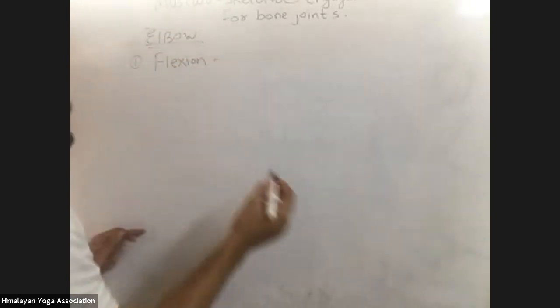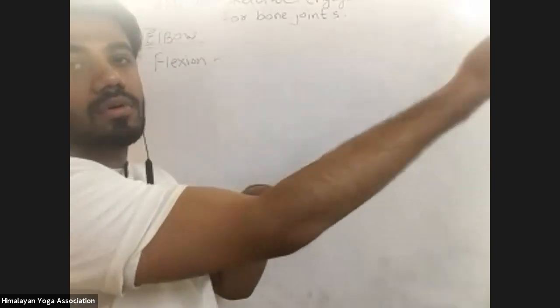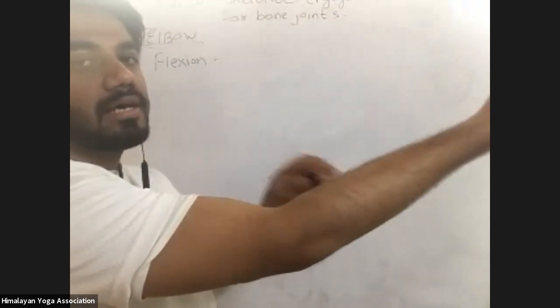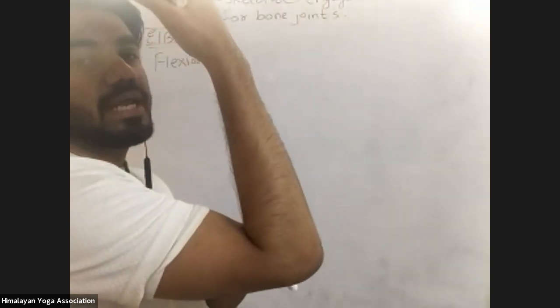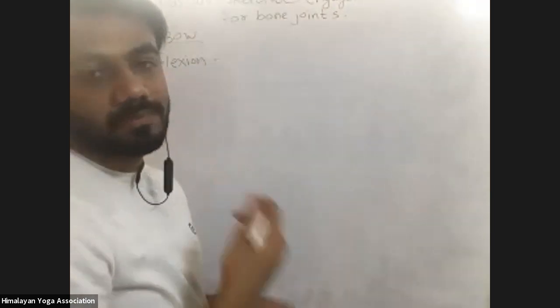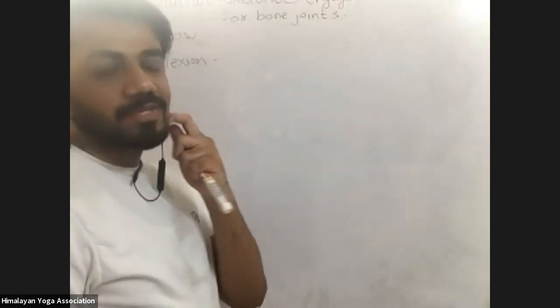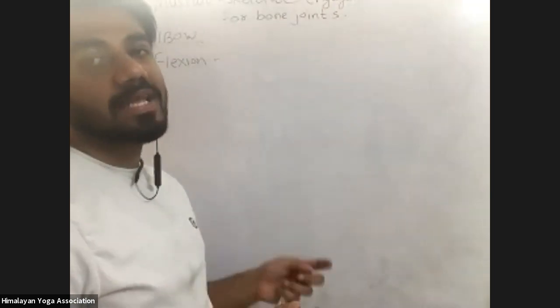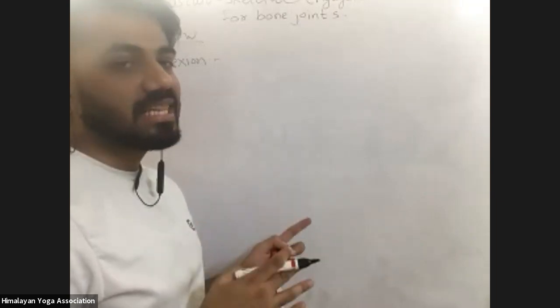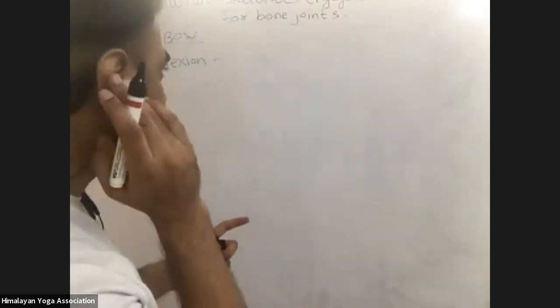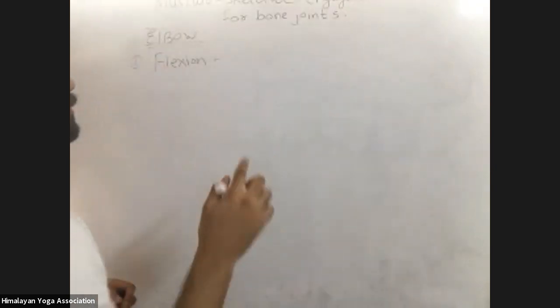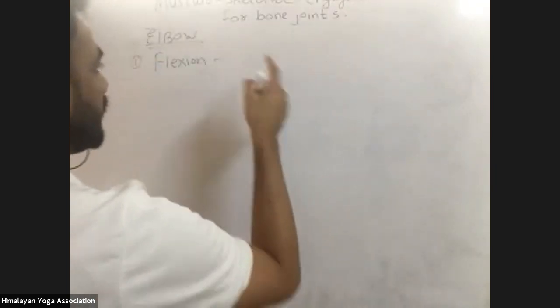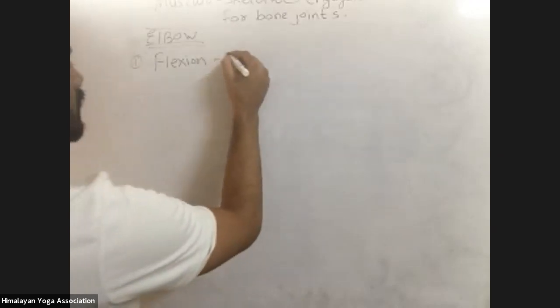So when you flex the elbow, flexion, that is, we decrease the angle between two parts. Which muscles get engaged? Tell me. Biceps. What are those? Biceps brachii, brachialis, and brachioradialis. The muscles in your arm, in the anterior view. You check the diagram. Till then, I will write the names of the muscles.